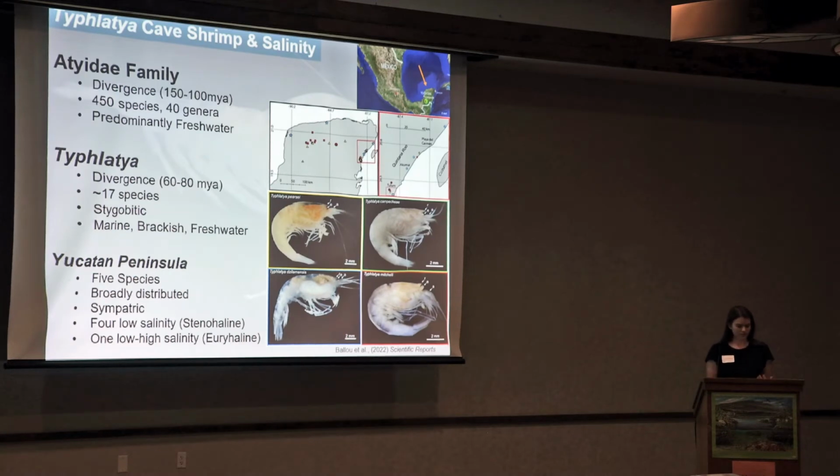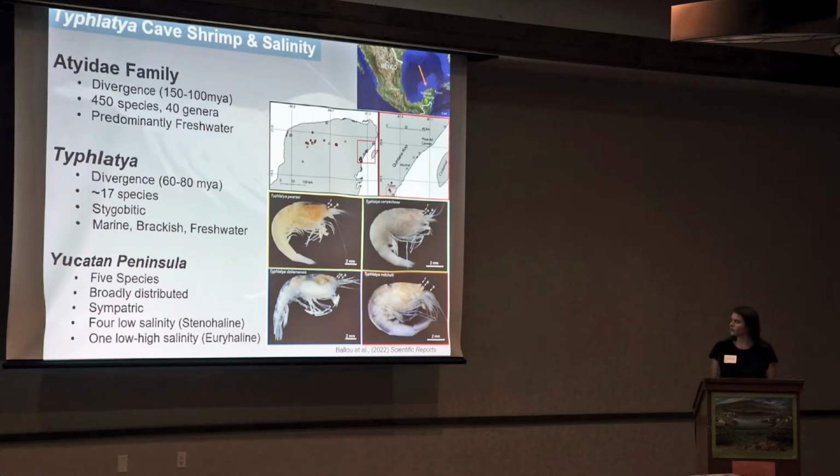Typhloidea is part of the Anchialine family, which is composed of about 450 species that are predominantly freshwater. But within the genus Typhloidea, these species of shrimp are specifically anchialine adapted and are found within marine, brackish, and freshwater environments.